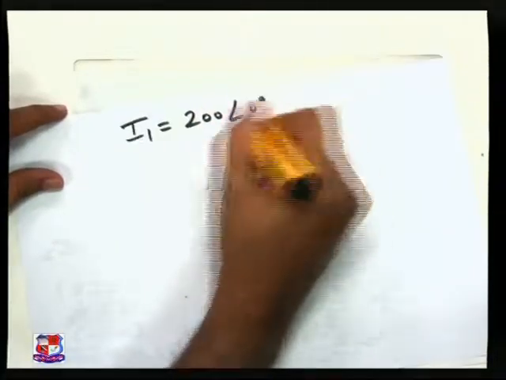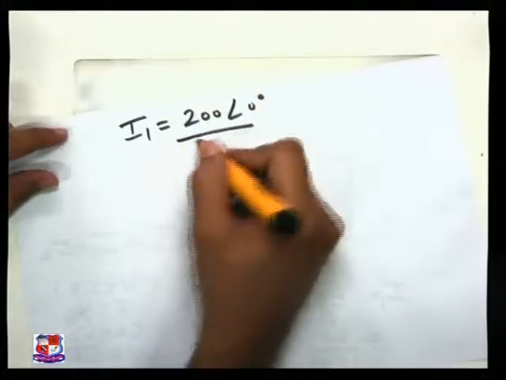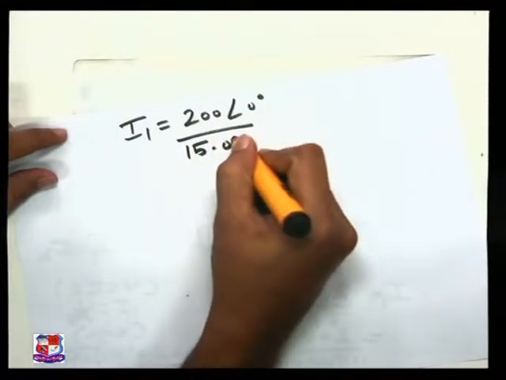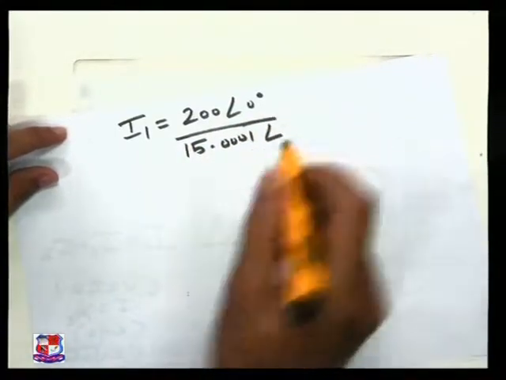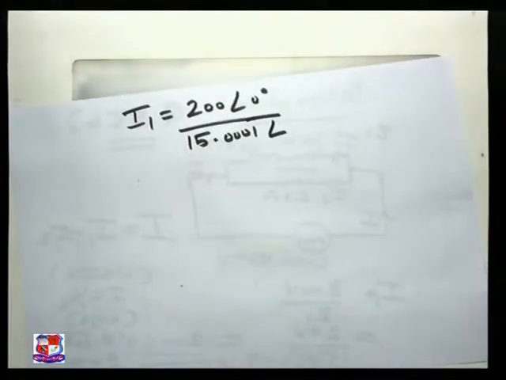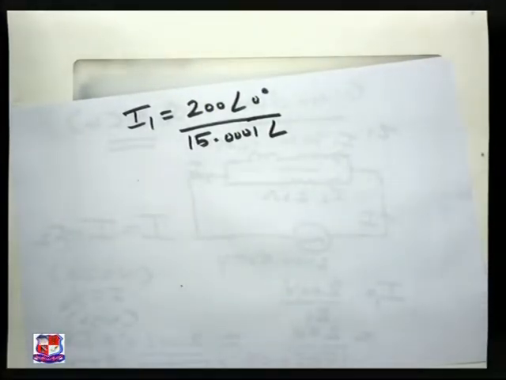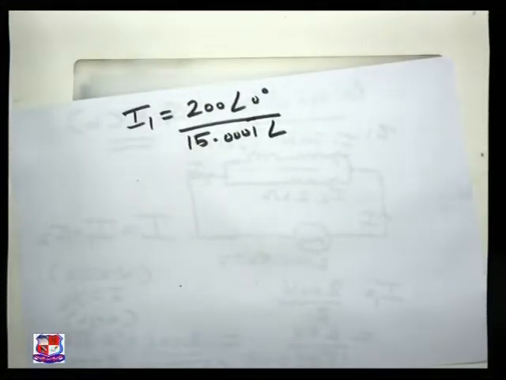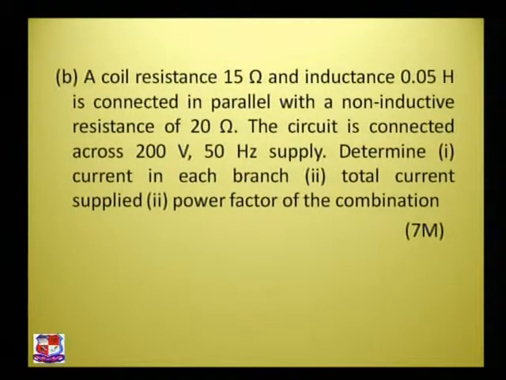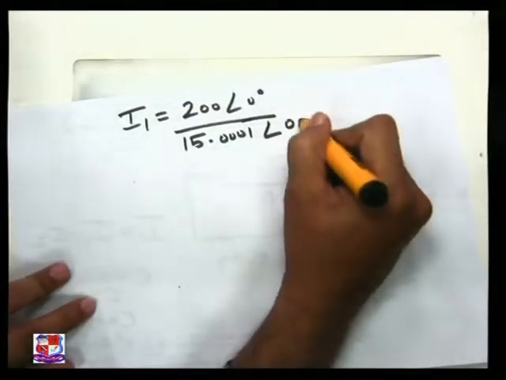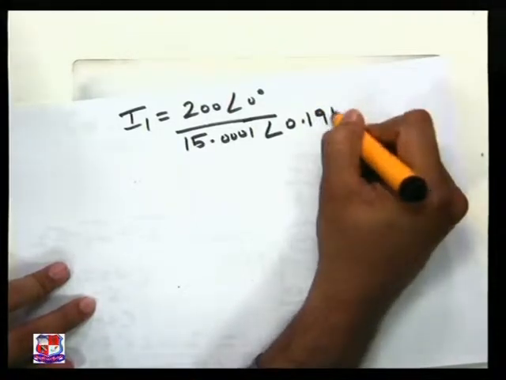Okay, so I can write I1 as 200 upon the magnitude, 15.001, and the phase will be tan inverse B by A. Tan inverse of what was B? 0.05, and A was given to us as 15, which gives 0.19 degree.